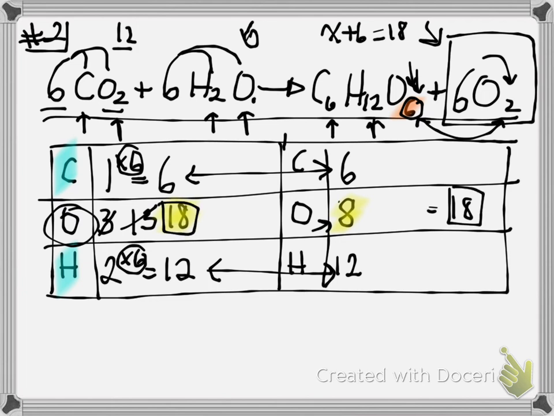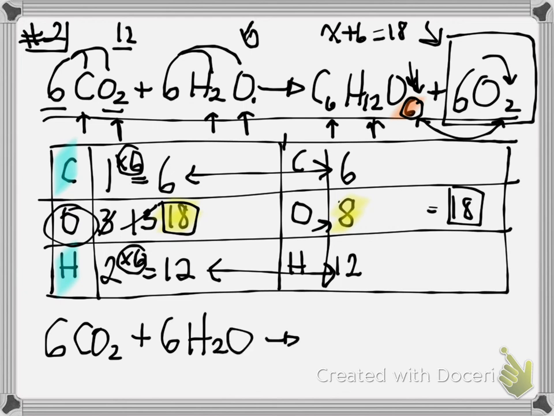So this is pretty much the hard part. It's going back to your equation and looking at it to figure out that the answer for this balancing chemical equation question is 6CO2 plus 6H2O gives you C6H12O6 plus 6O2. And this is your final answer right over here.